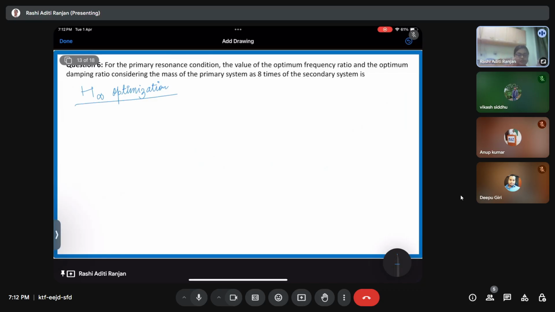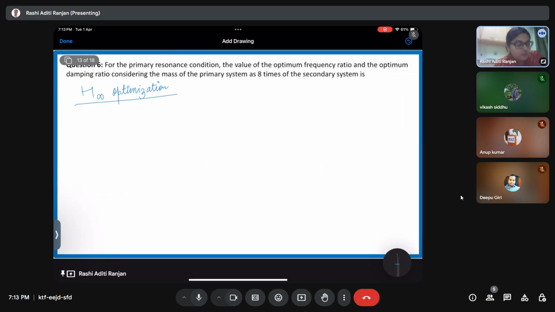For the H infinity optimization technique, you can refer to the book. It has also been mentioned in the lecture, and in the assignment problem as well. This is a paper published in the Journal of Applied Mechanics of ASME, the American Society of Mechanical Engineers, where H infinity optimization is discussed.